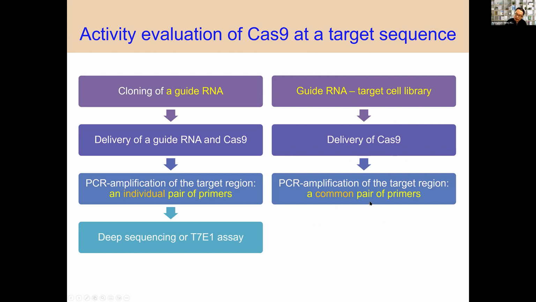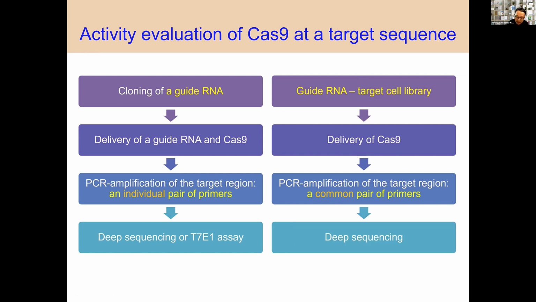Then we PCR amplify the target region using a common pair of primers. Because we added the target sequence into here, we can amplify the target sequence using a common pair of primers. Then we conduct deep sequencing to evaluate the tens of thousands of guide RNA activities by one experiment.